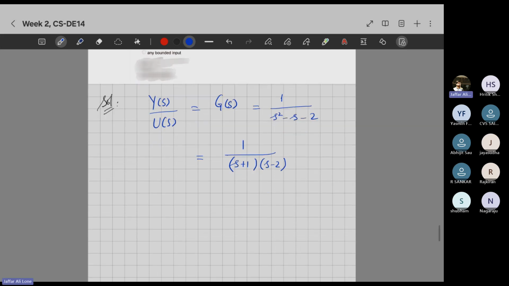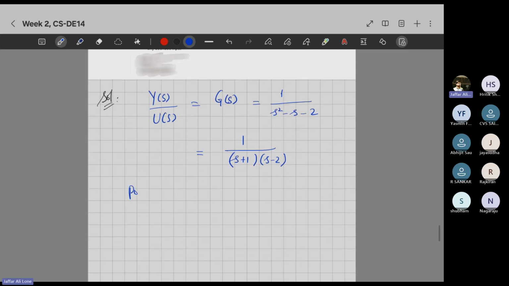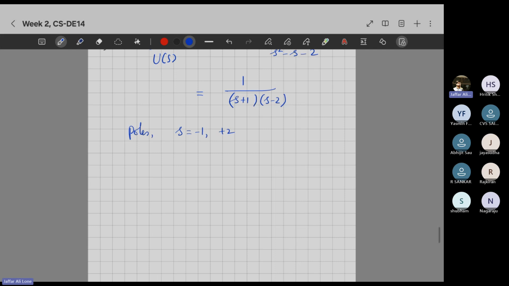So my poles are at s equal to minus 1 and s equal to plus 2. If I plot them on the sigma j omega plane, my poles are at plus 2 and minus 1.